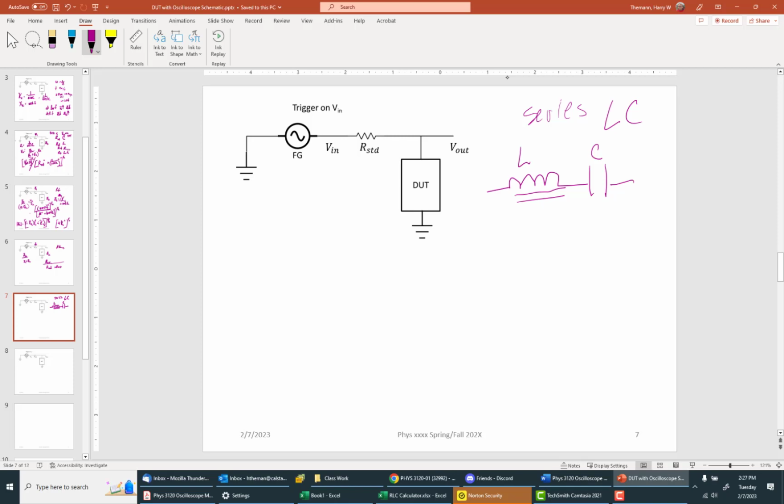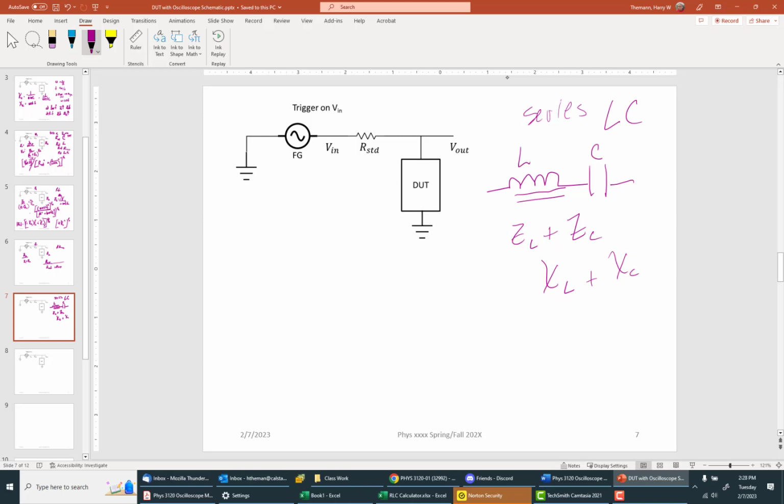So this is going to be Z1, ZL plus ZC. And since we're saying that they're both pure reactances, we don't have to worry about the quadrature part. It's just going to be chi L plus chi C.